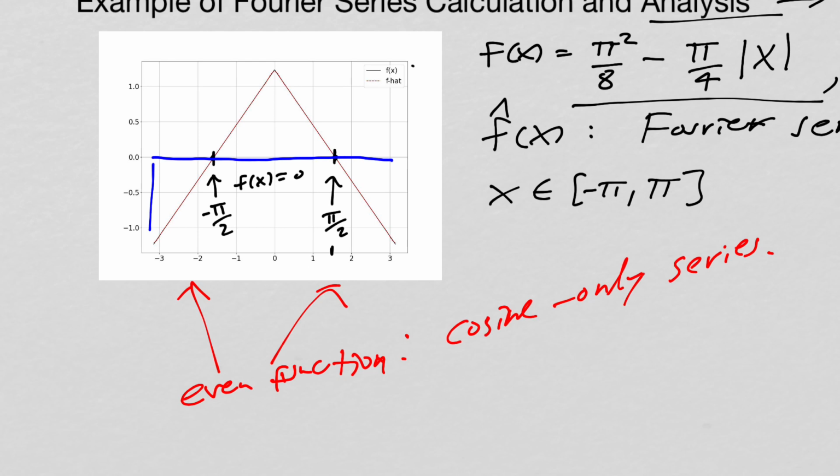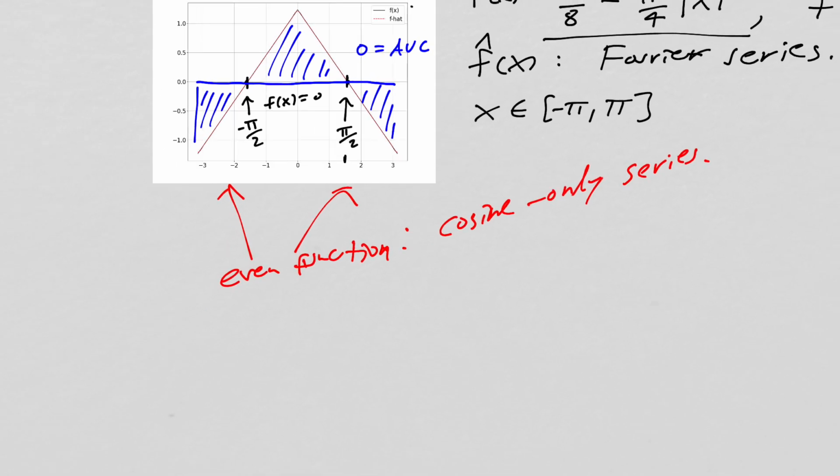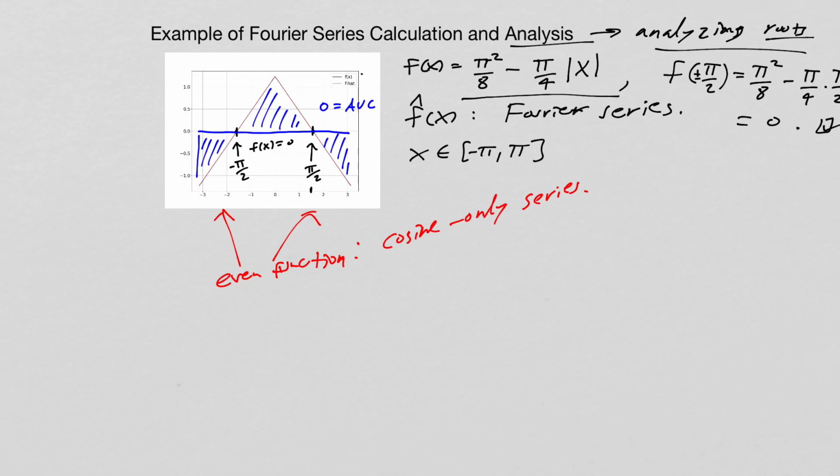You can see that the total area under the curve over the whole thing is going to be 0. To verify that fact, that implies that the first coefficient of the cosine only series is going to be 0.